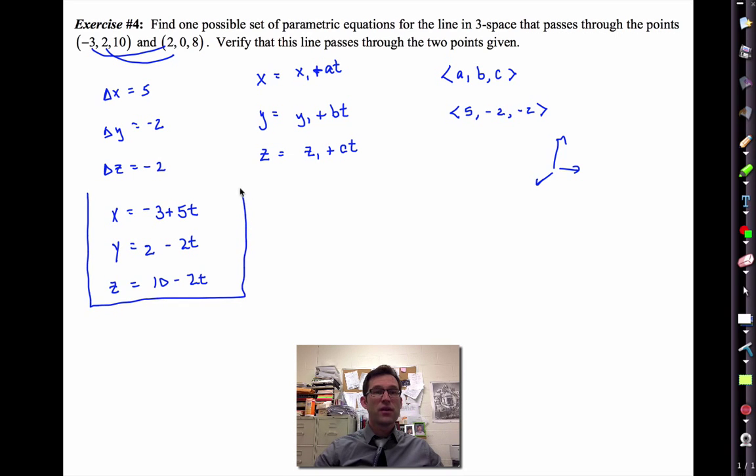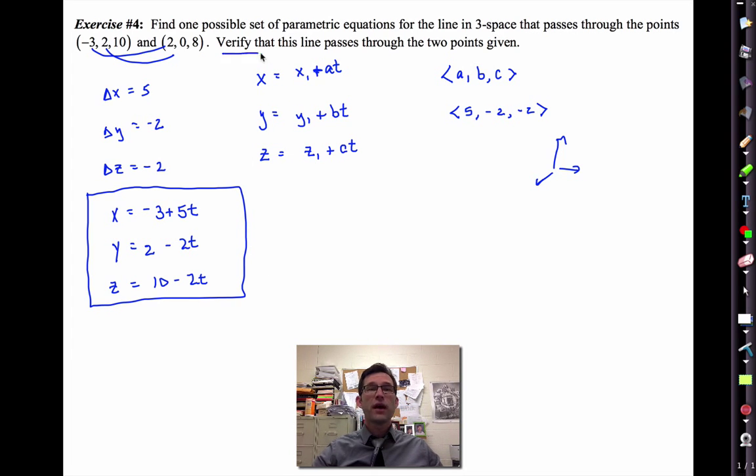Now, just like the equations of parametric lines in 2-dimensional space, here there's an infinite number of correct choices. We're just trying to come up with the line, not the line segment. So those of you that struggled with that whole t goes from here to here, don't worry about it so much. We're just trying to come up with the equation of the line itself, and here it is.